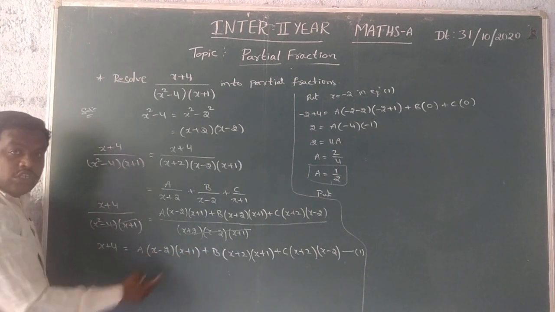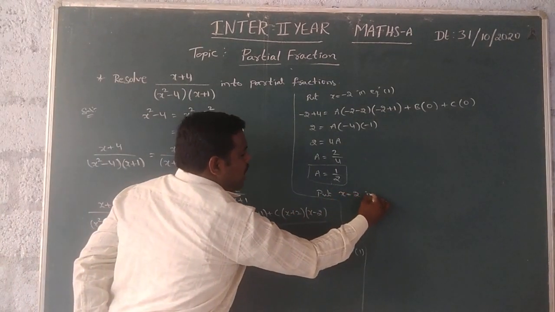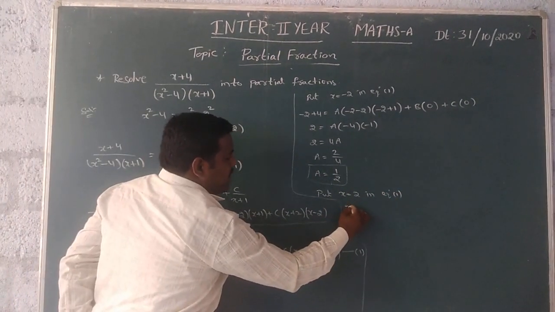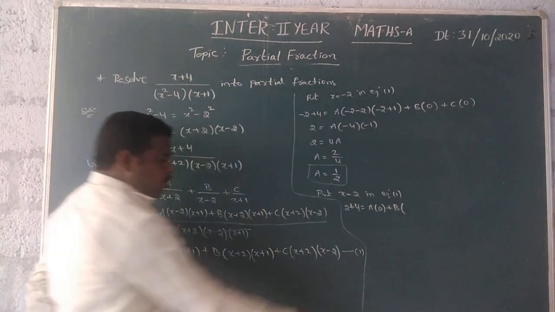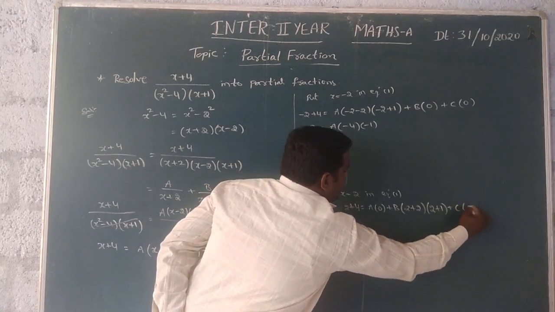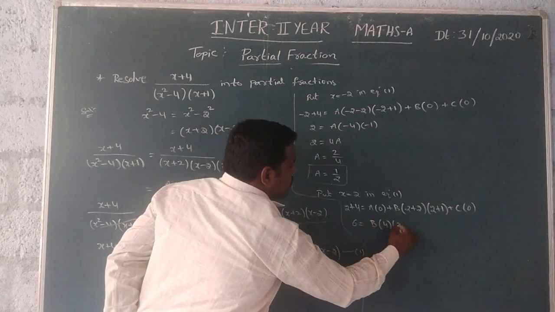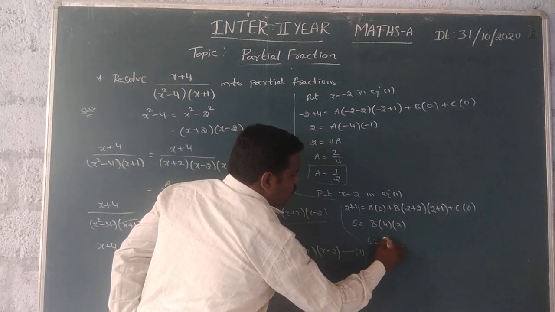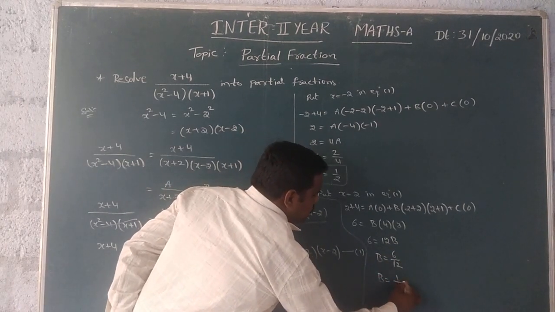When x minus 2 is equal to 0, put x equal to 2 in equation 1. 2 plus 4 is equal to a of 0 plus b of 2 plus 2 of 2 plus 1 plus c of 0. 6 is equal to b of 4 into 3. So 6 is equal to 12b. b is equal to 6 by 12, b is equal to 1 by 2.